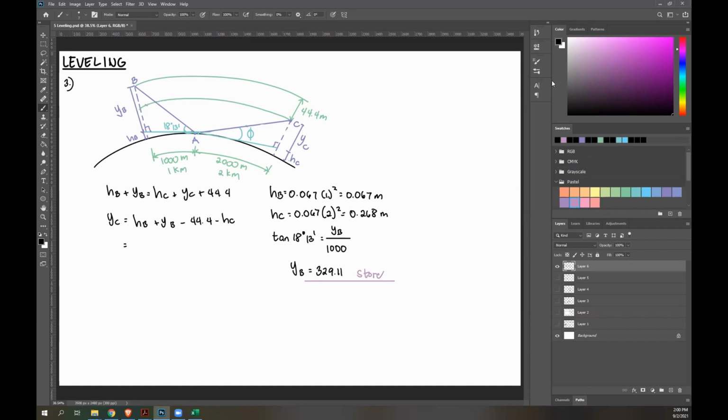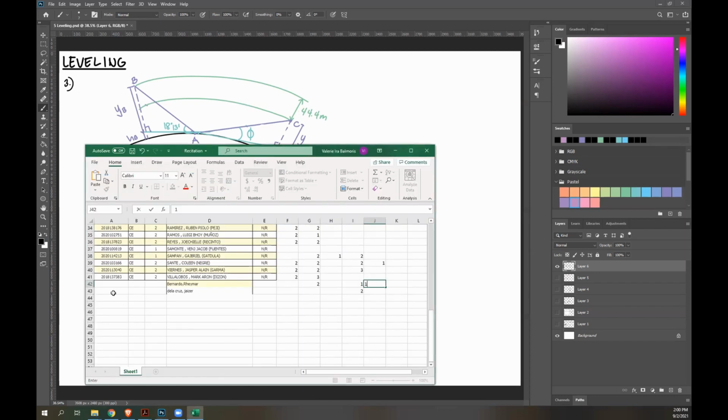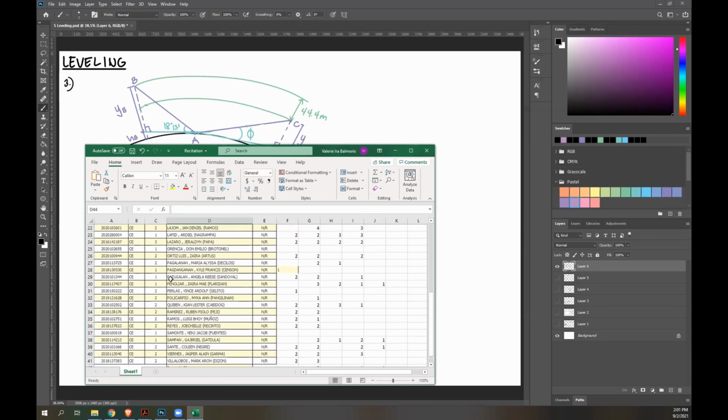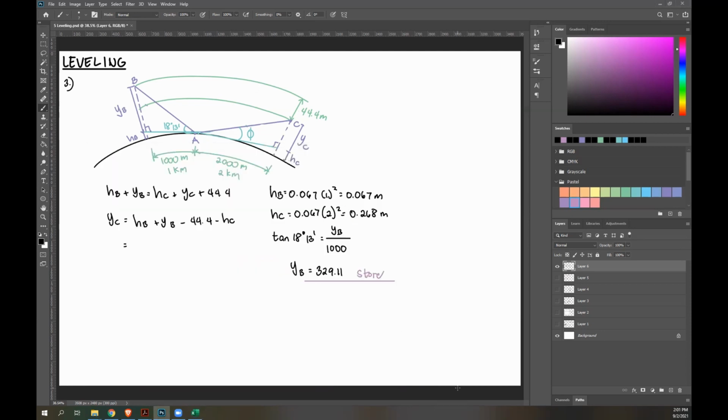Correct. So it's 284.50. Once again, store that.